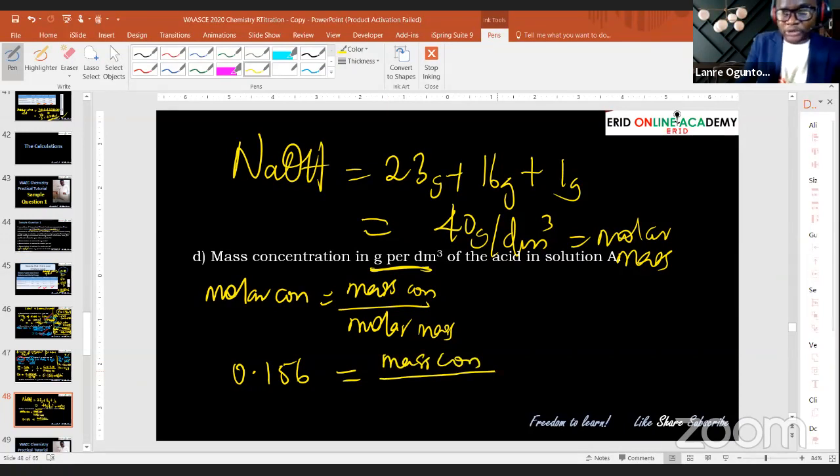The molar mass of sodium hydroxide is the 40 grams per mole that we calculated here. So we are putting that 40 grams per mole into this.